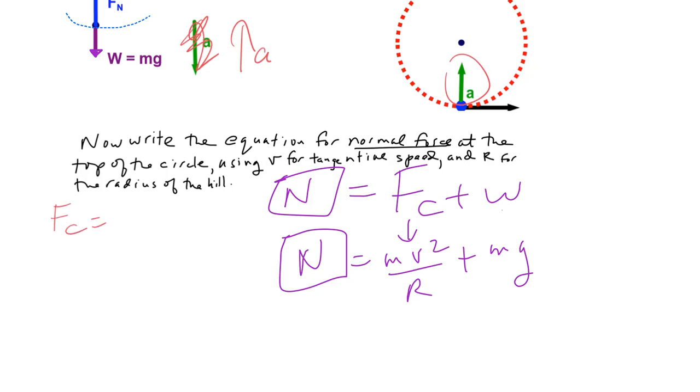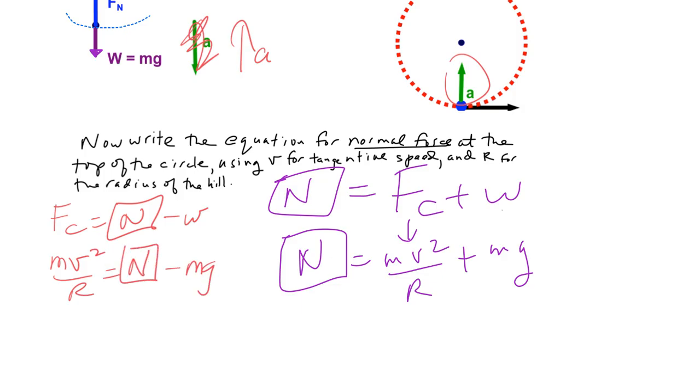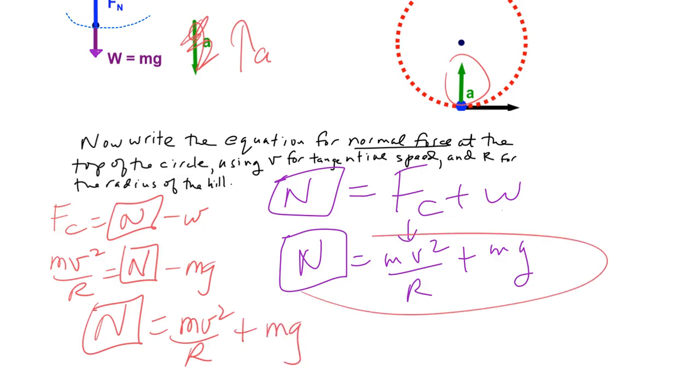FC is equal to the normal force, the bigger one, minus the weight. FC is mv squared over r, equals N minus mg. So if you're solving for your scale reading, it'd be mv squared over r plus mg, as I drew right here.